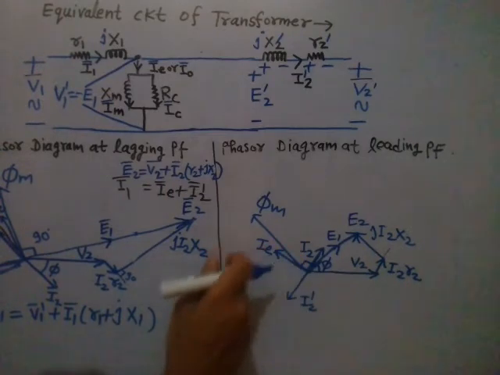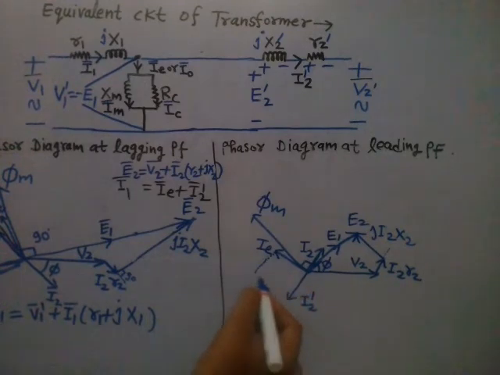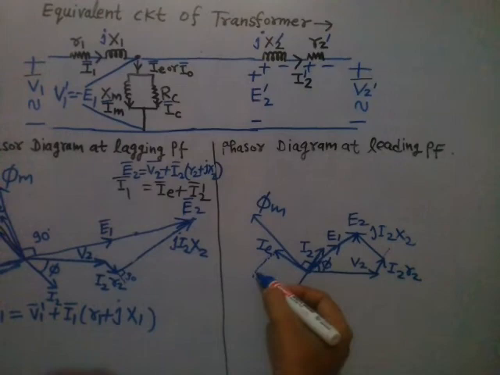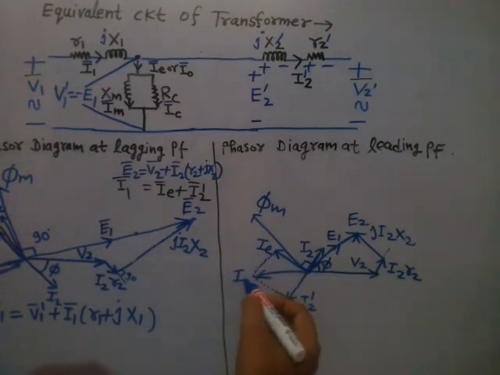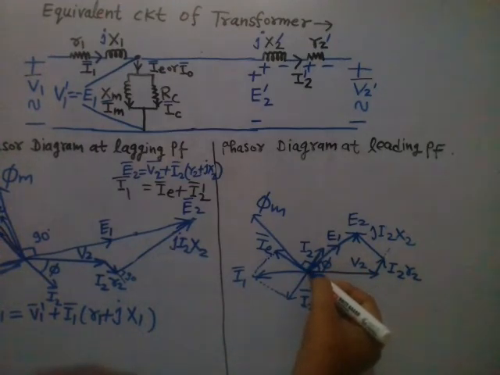The phasor sum of I2 dash and IE is basically I1, right?